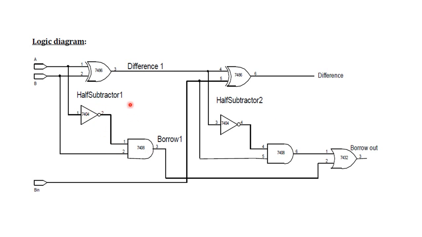The first circuit's borrow is connected to the OR gate input. Similarly, the second circuit's borrow out is connected to the input of the OR gate. This is my total borrow in the given circuit. This is the logic diagram for the full subtractor circuit.